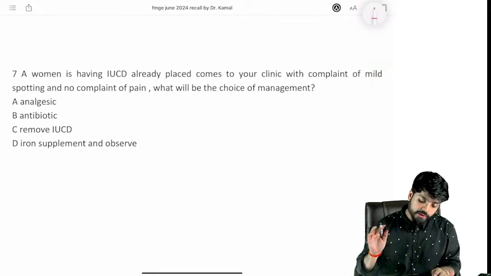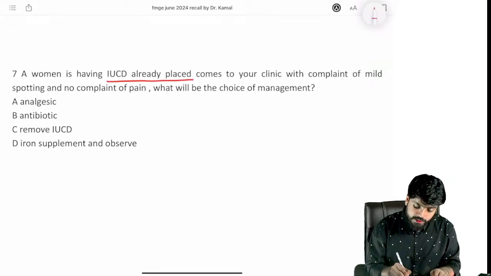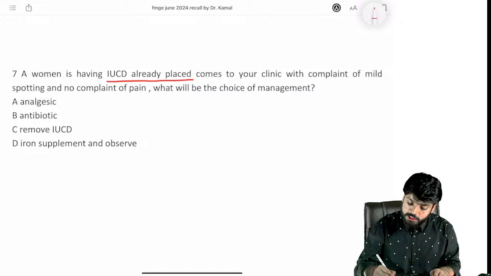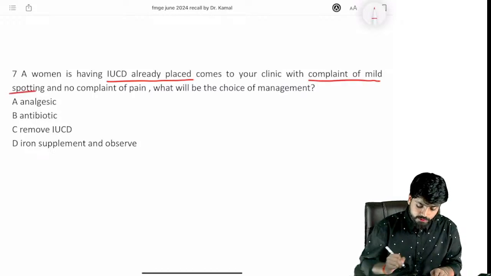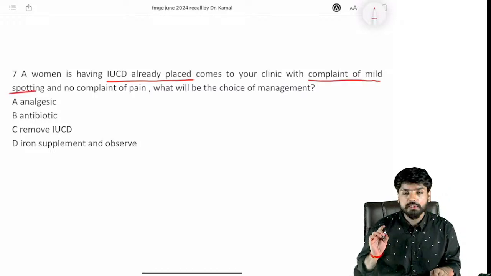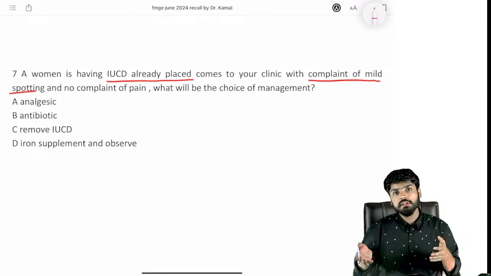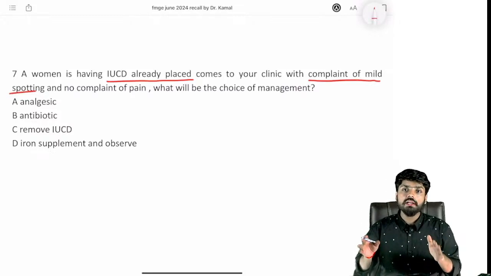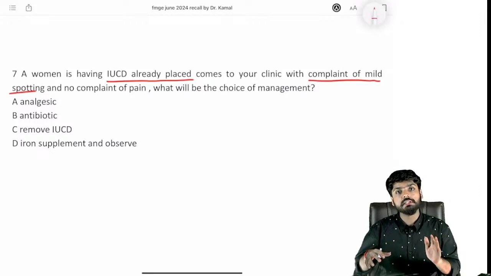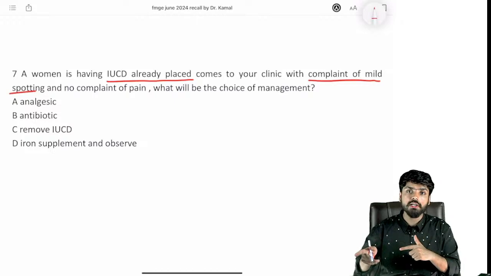Now, a woman having IUCD already placed comes to a clinic with complaint of mild spotting, no complaints of pain. What will be the choice of management? See, whenever we insert an IUCD in a patient, the two main things that we have to think about is, first, most commonly the patient presents with pain complaint, and pain is the most common reason for the removal of the IUCD.